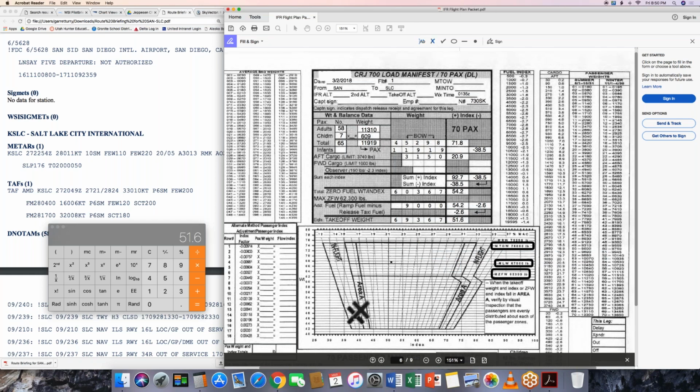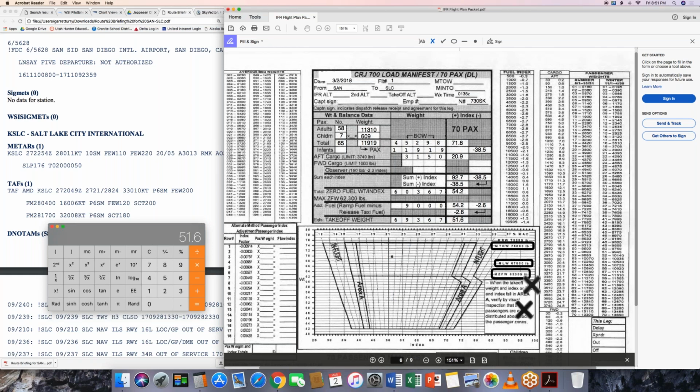This mouse is just too large for me to grab that X anymore. So that moves the thing up to this line, somewhere right here. So it didn't move it much, did it? We're pretty close. And that's just because of that 45 minutes of reserve, and taking the taxi fuel out.